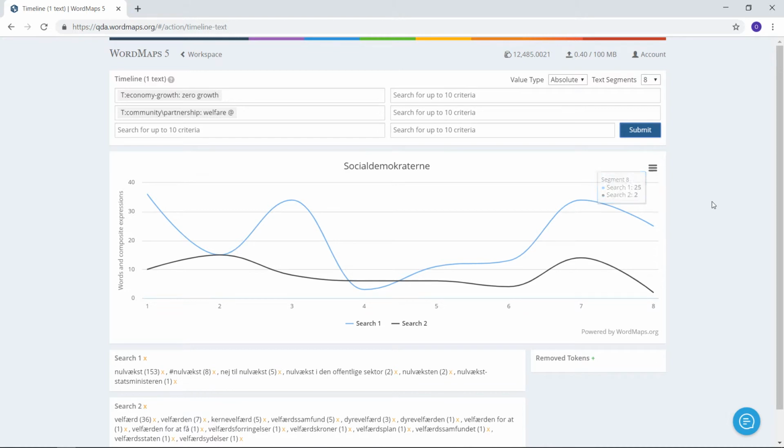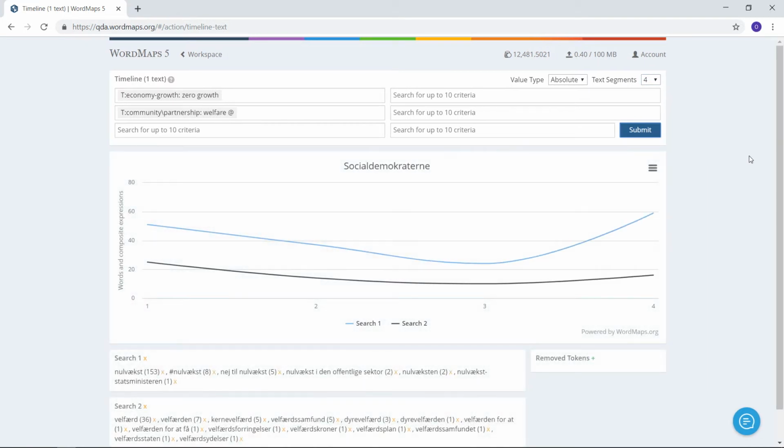And here we can see that in general, the first topic, the blue one here, dominates the second topic, the welfare topic. I can actually make that even clearer. Let me divide into 4 segments. And here we see that throughout the whole process, at any point of time, the zero growth topic is more frequently discussed by the tweeters representing the Social Democrats.